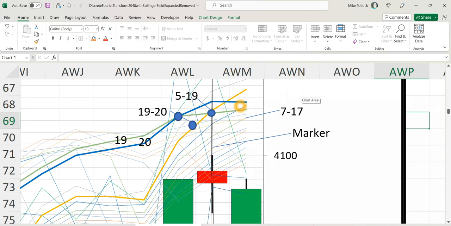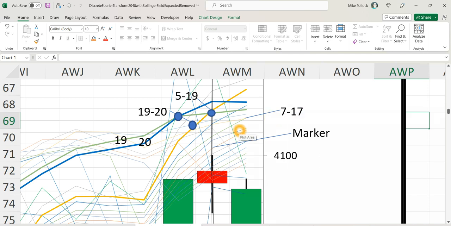We do see that the 20 was to determine the price on the big candle day, and then the next day was Thursday. The 19 was the low curvature line that determined the price, and on Friday it was the 17.